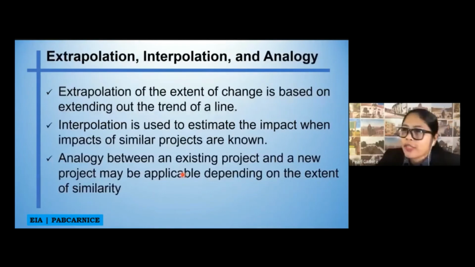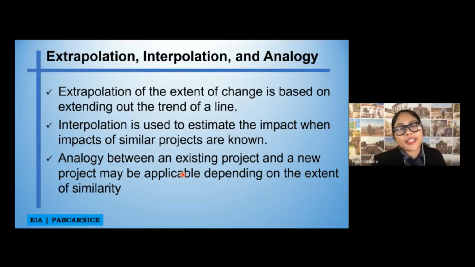Next is, of course, extrapolation, interpolation, and analogy. When we say extrapolation, it's more of the extent of change. It's based on extending out the trend of a line. When we say interpolation, it is used to estimate the impact when impacts of similar projects are known. So if it's known, it is called interpolation.